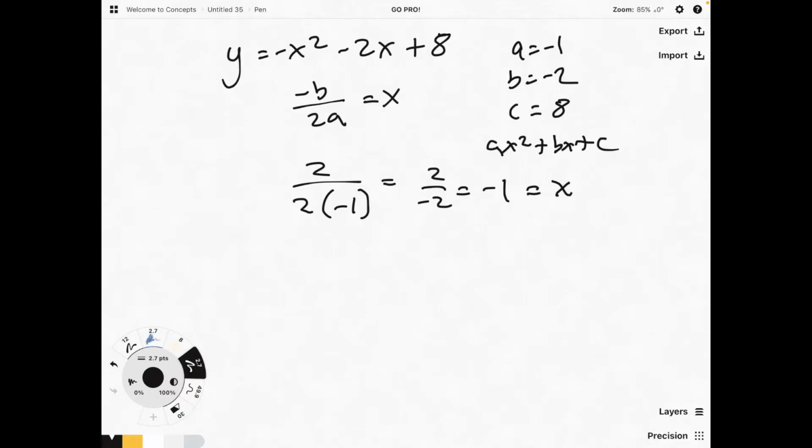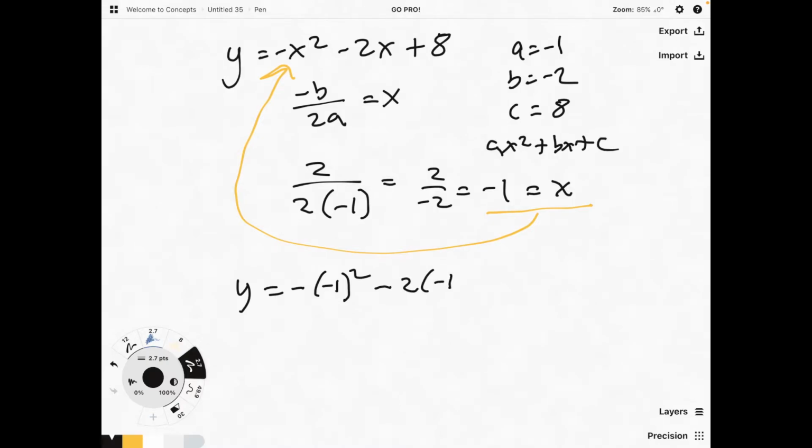Now that we understand our x value, we just plug this value into this equation so we can solve for our y. We have y equals, x in this case is negative 1, so we have negative 1 squared minus 2 times a negative 1, and we have 8.